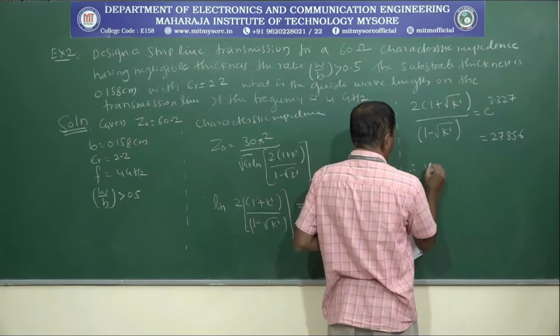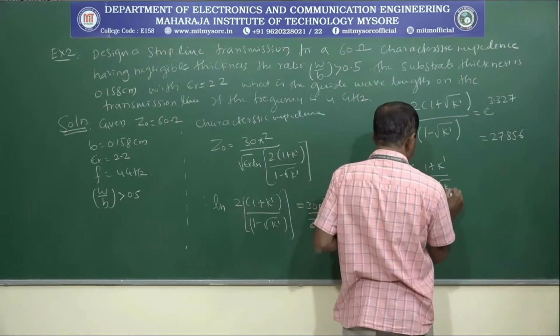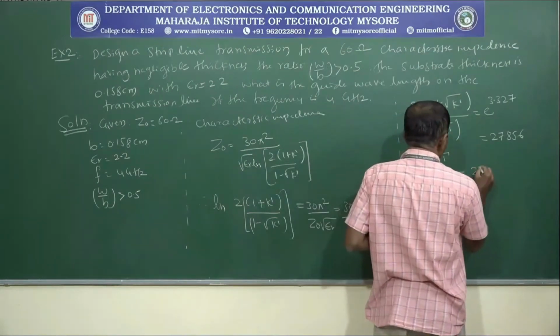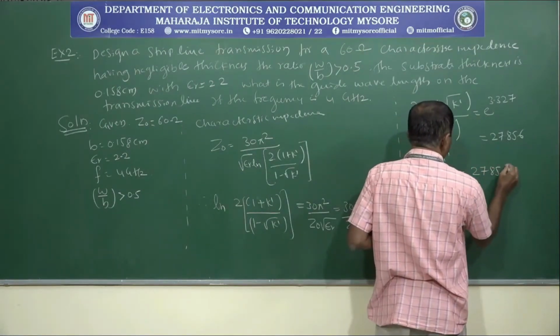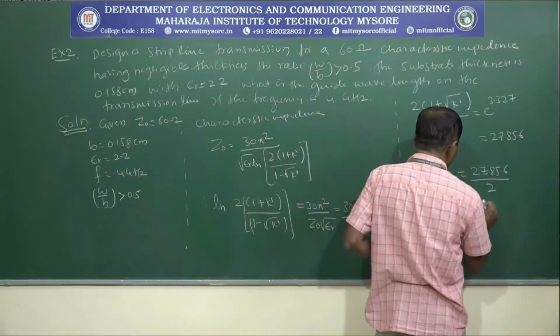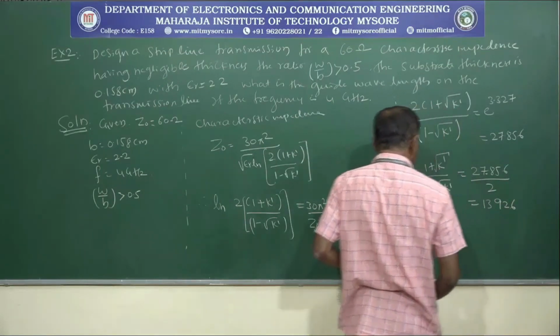Therefore, 1 plus root of k dash divided by 1 minus root of k dash is equal to 27.856 divided by 2. So this is equal to 13.926.